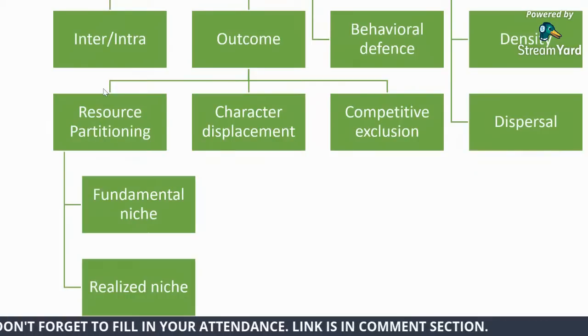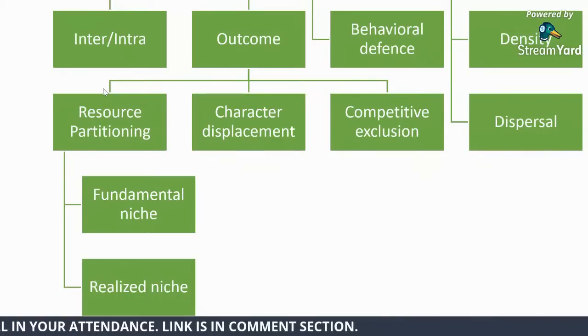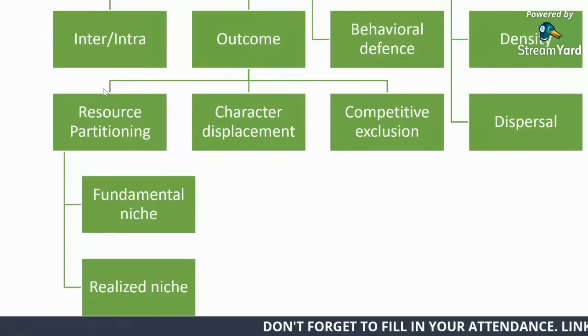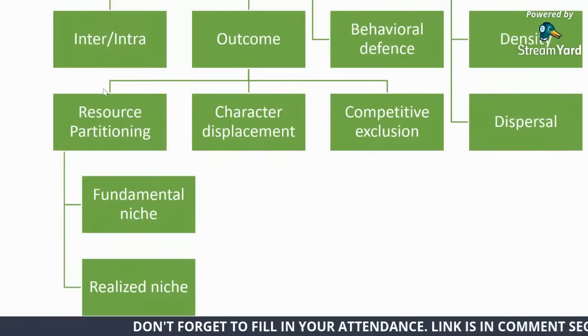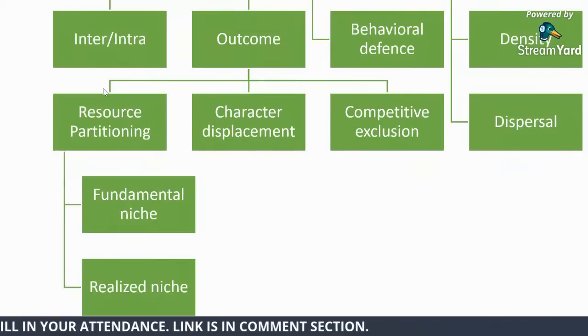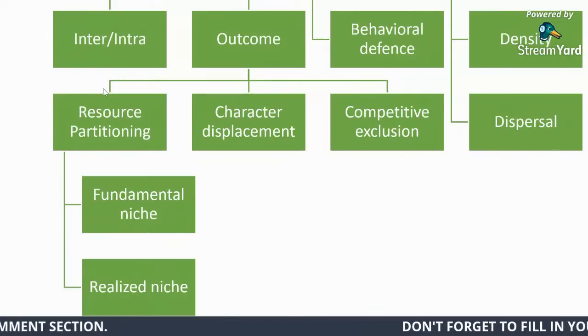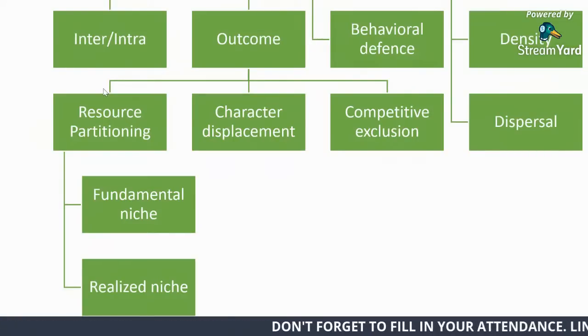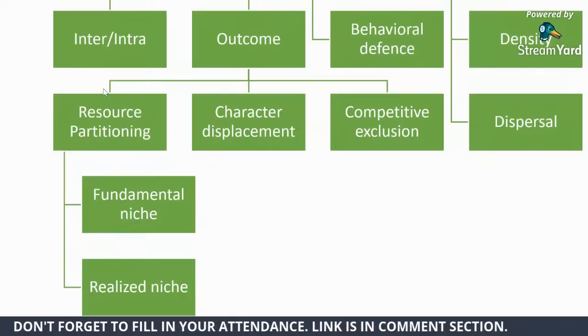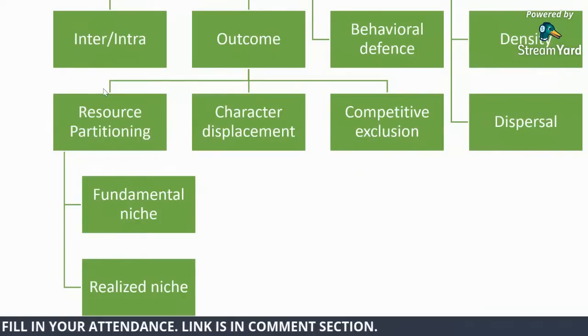So eventually due to evolution, organism yang makan seed yang bersaiz besar mempunyai beak yang bersaiz lebih besar, sebab kalau beak size dia kecil, dia tak boleh makan seed yang besar. So eventually bila dia tak boleh makan seed yang besar, dia akan matilah, sebab dia akan compete dengan the other species yang makan seed yang kecil. Which yang ada big beak yang besar, dia akan makan seed yang bersaiz besar, competition dia kurang, so dia boleh hidup dan dia boleh ada offspring, dan dia boleh menurunkan dia punya karakteristik.